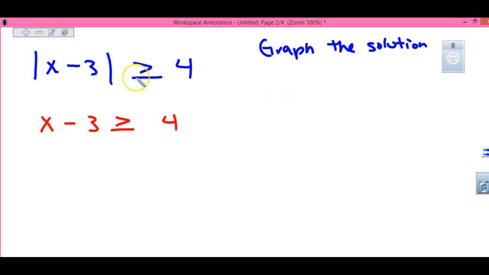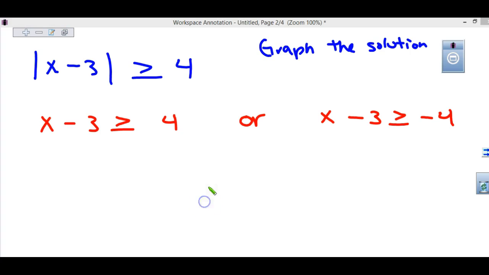And because this is a greater than or equal, and this is positive, we know it's going to be an or. x minus 3 is greater than or equal to negative 4. So notice, the same way as we worked out the equation, we do one exactly the same and the next one with a negative 4.